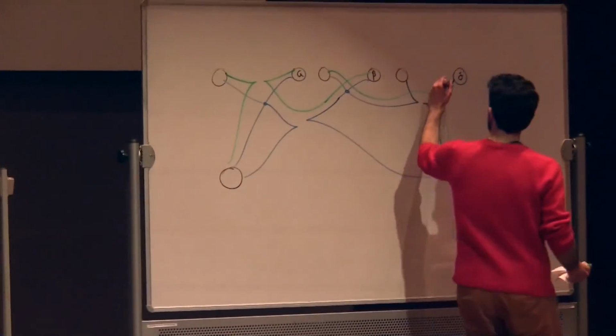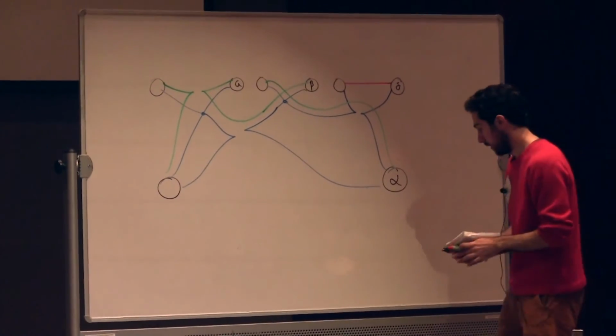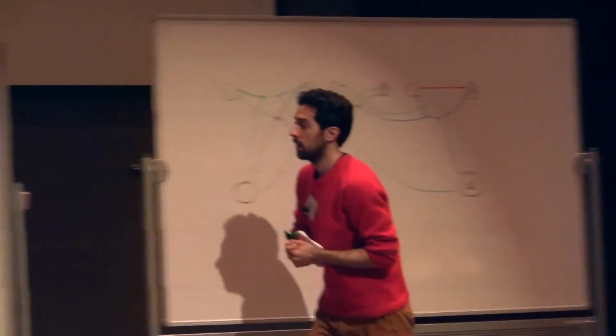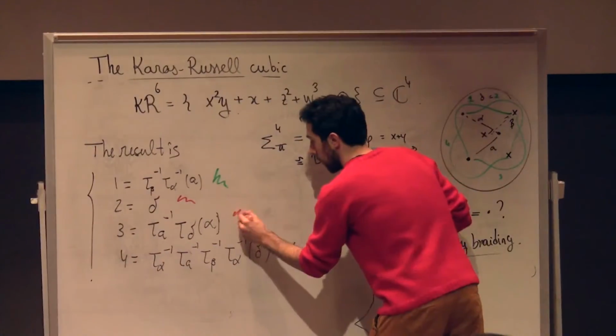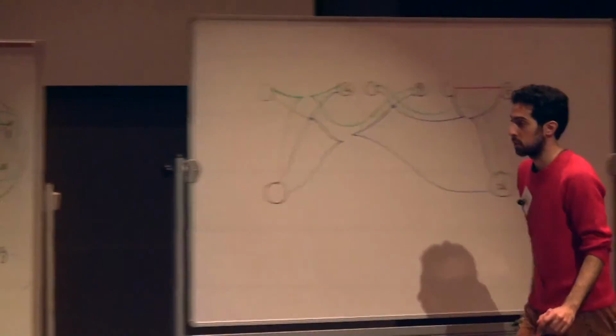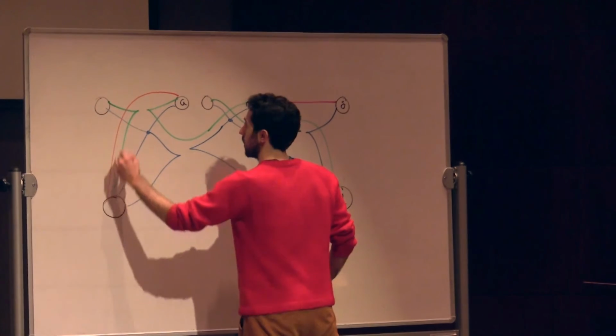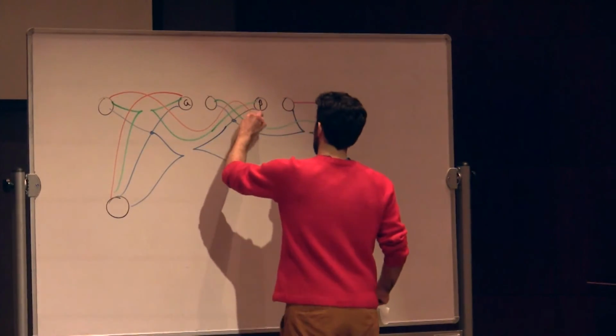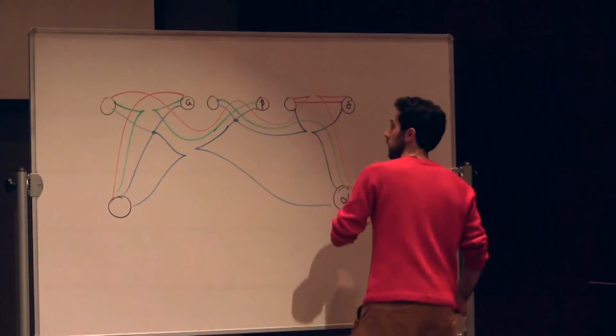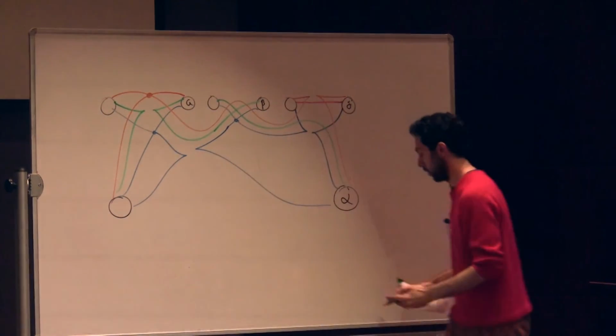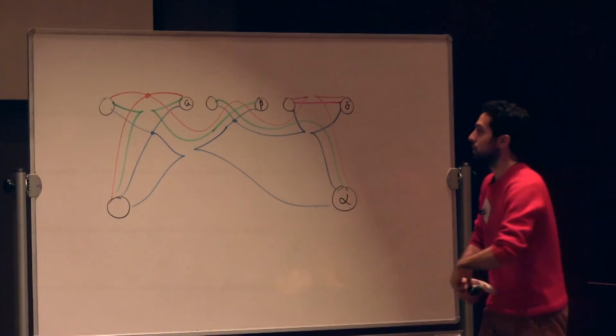Delta is easy, just this guy. And finally, the orange. It's going to be do a cusp with delta and do a cone with alpha. So this guy in here, and then this guy in here. Okay, great. So that's it.